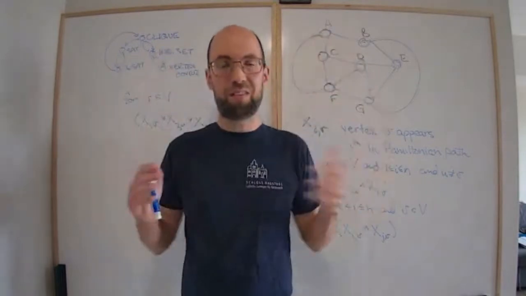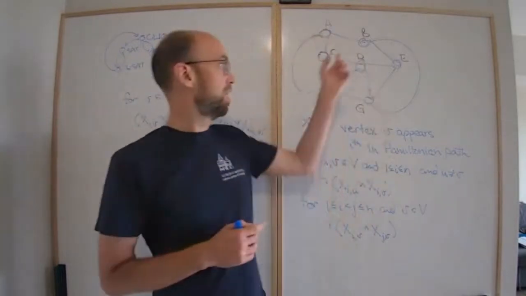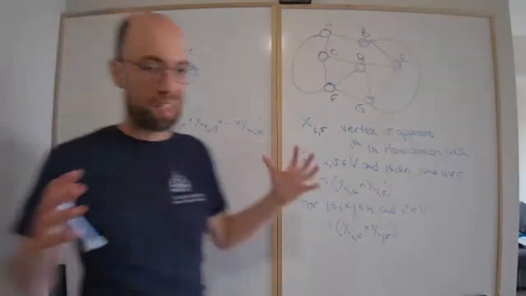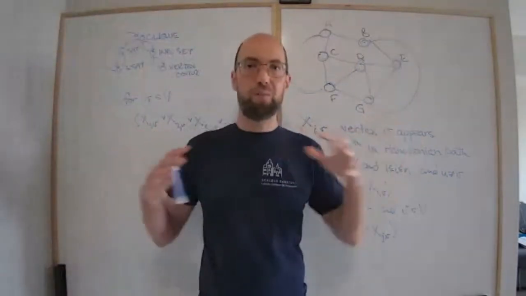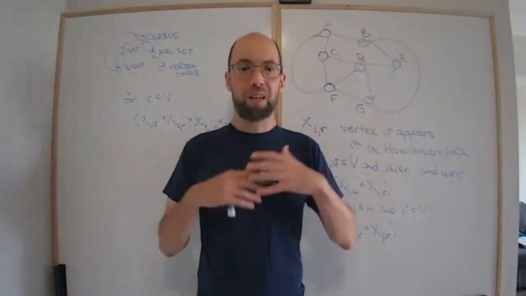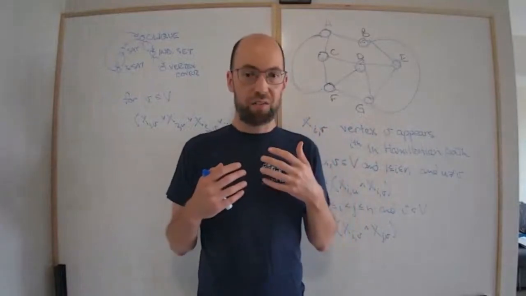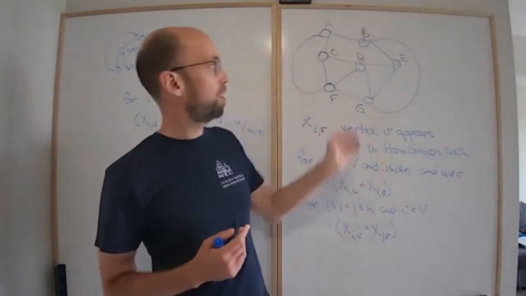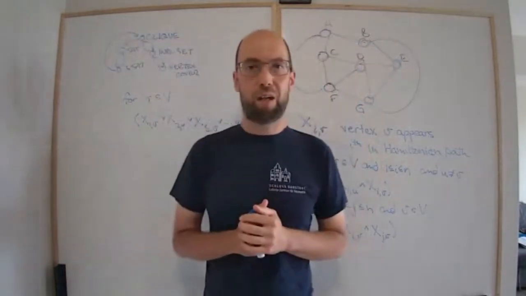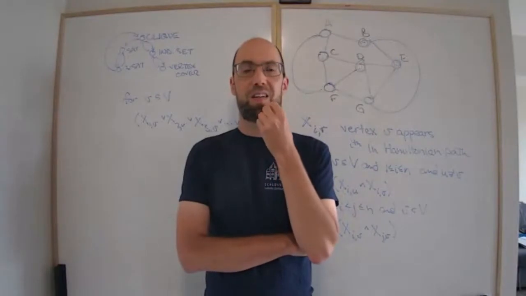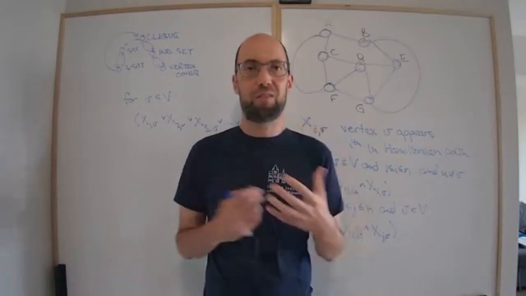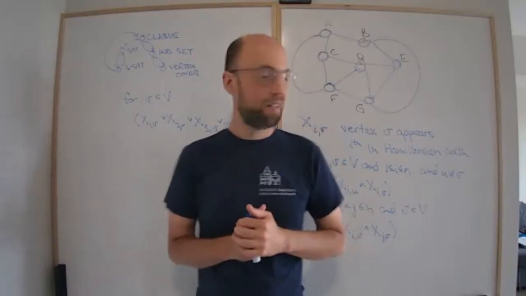So in these formulas, we take all of these restrictions and we concatenate them, we conjoin them, we put ands between them, and it's going to be equivalent to saying that this formula is going to be satisfiable if and only if this graph has a Hamiltonian path. What else do we have to say? What restrictions do we have to put on?